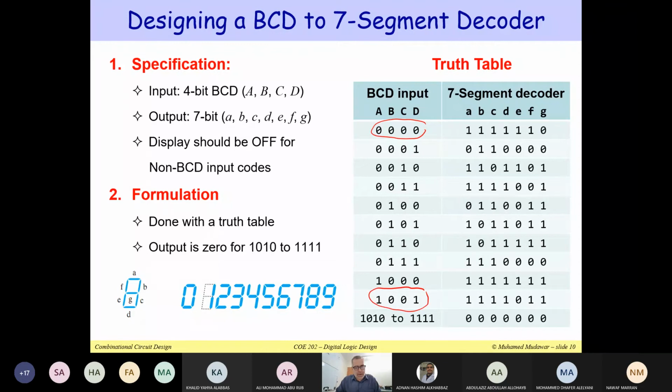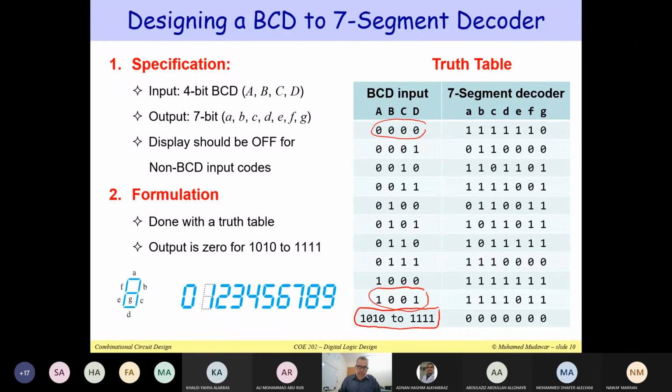That will be digit number 9. And if the input is non-BCD, it is shown here at the bottom. So these are 6 entries in the truth table, which are from 10 to 15. Now the outputs, we have 7 outputs. So we have 1 column for each output. Now the outputs here will be for these 7 segments.